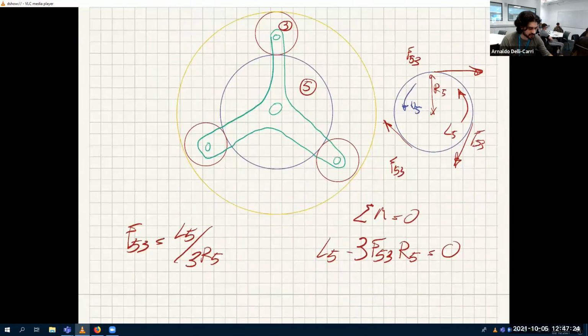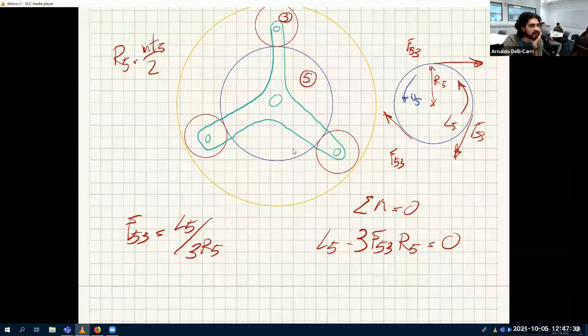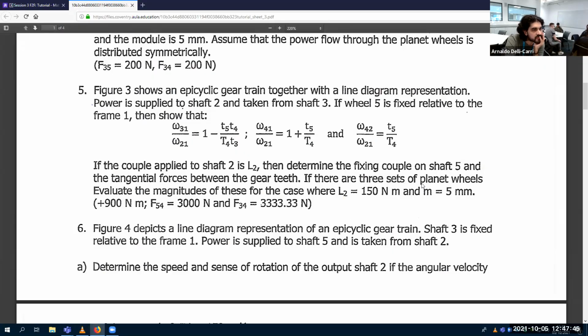So R5 you must also find by modulus times the number of teeth of 5 divided by 2. Okay. So let me check this. Yeah, see, when they ask you for the force, they always give you the modulus, because otherwise you have no idea what's the radius. They must give you the modulus.